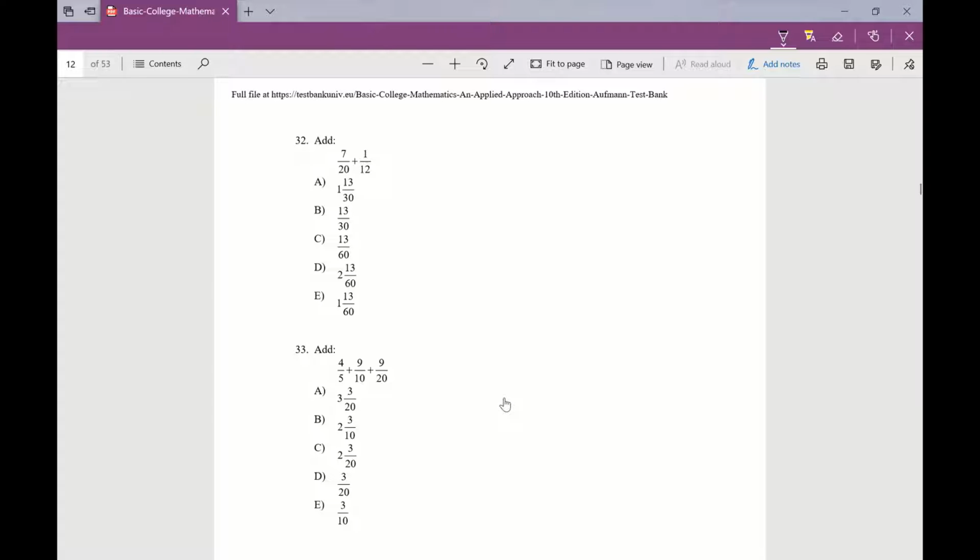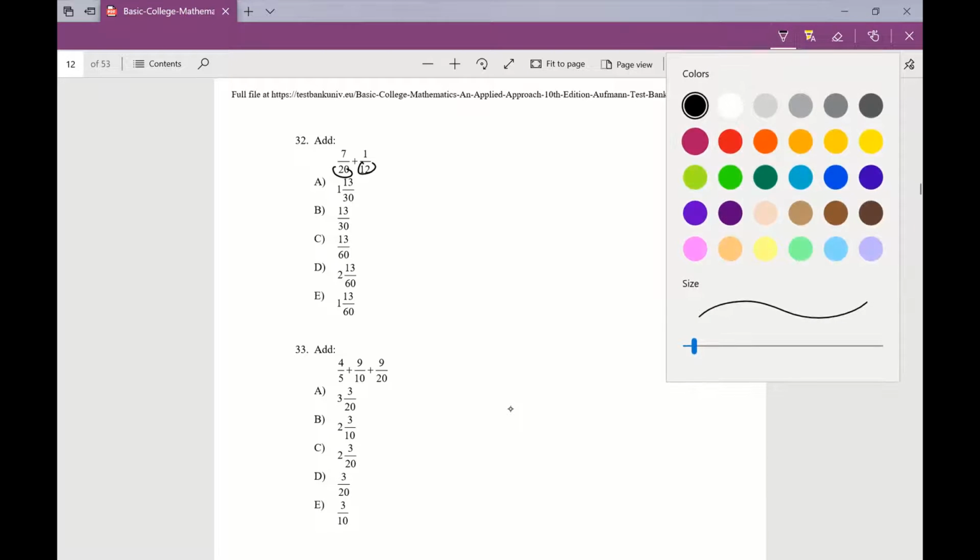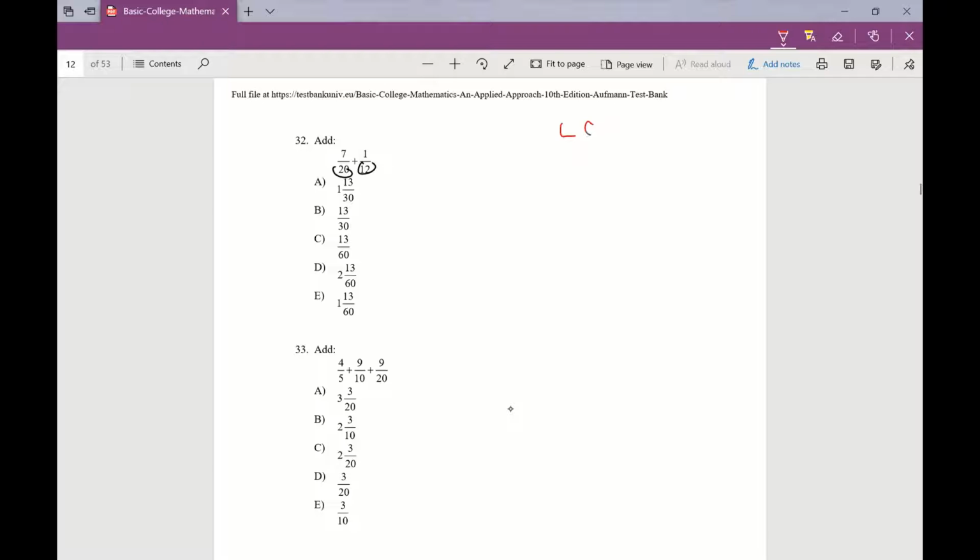32. Now I'm looking at fraction additions with different denominators. In this case, I'm looking at the denominators of 20 and 12. So first thing first, because they are not the same, LCM between 20 and 12 will be 60.